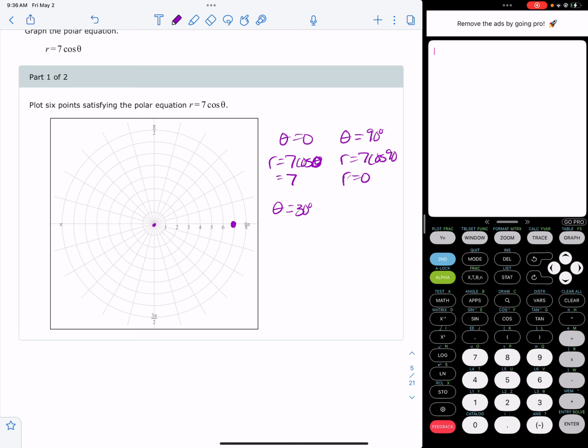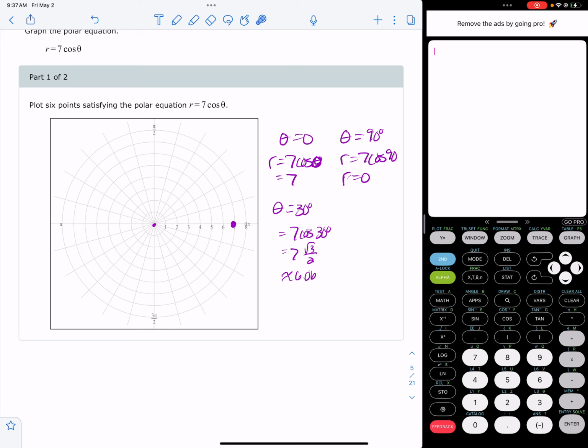What if it's 30? Well, that'd be 7 cosine of 30. So 7 square root of 3 over 2, approximately 6.06.